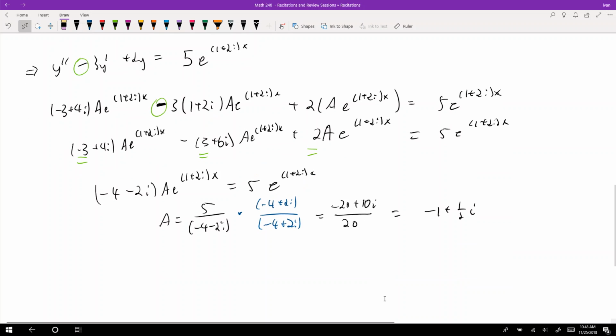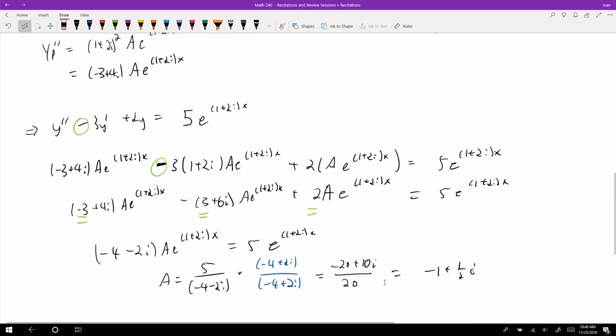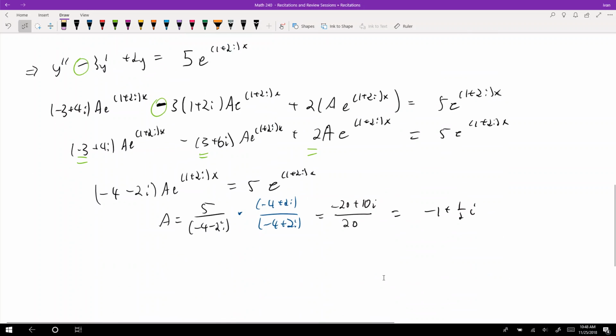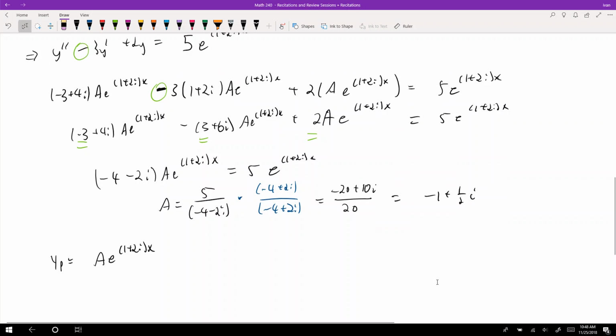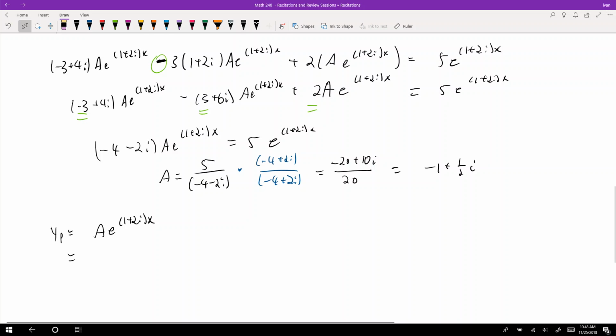All right, I'm not quite done yet because now yp is equal to a e to the 1 plus 2ix, which is equal to negative 1 plus 1/2 i times e to the 1 plus 2ix.